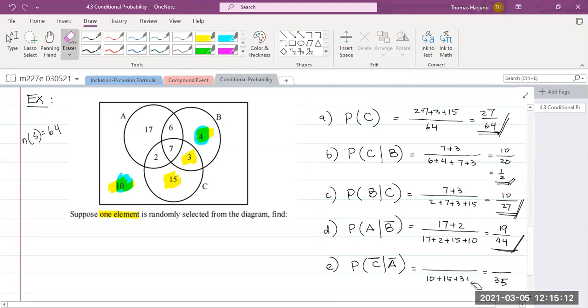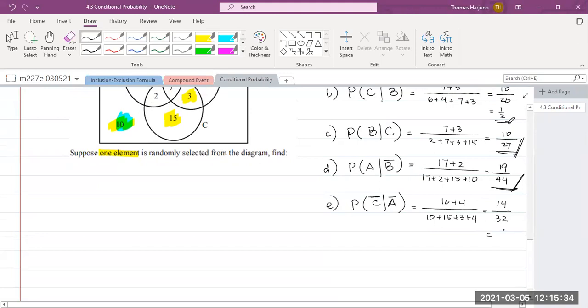So here it's 4, not 7. Plus 4, so I was right. That was 32 earlier. Right now, of those not in A, there are 10 plus 4 of them not in C, which I can reduce to 7 over 16.